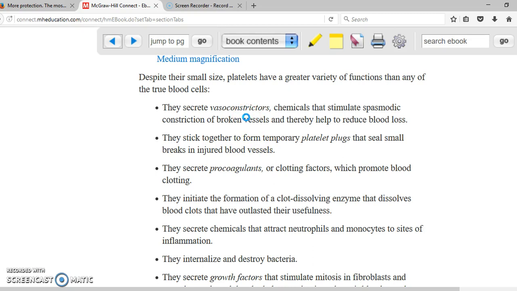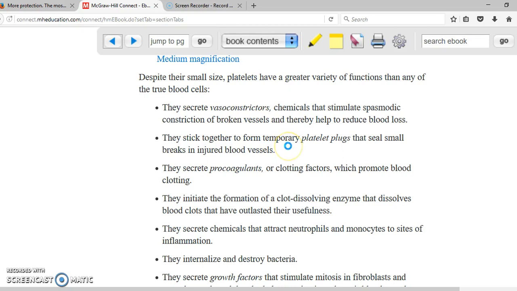In hemostasis. So hemostasis basically has 3 steps that we're going to see later on. One of these first steps is going to be vasoconstriction. The platelets have a small function in that as well, because they're going to produce some chemicals that are going to help us with vasoconstriction. Platelets, we said already, are going to form the platelet plug. The platelet plug is the second step in hemostasis.